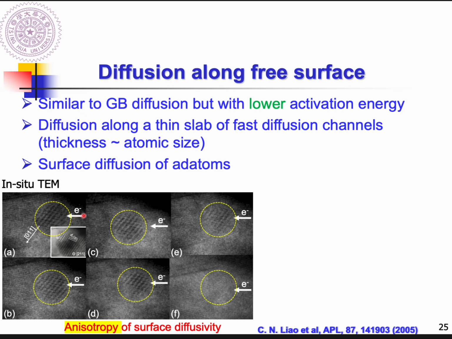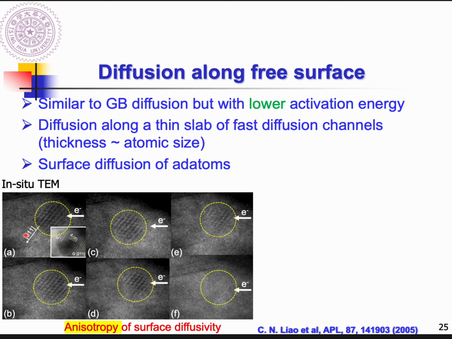When he increased the current density, as you know, when the current density is high enough, that will drive atomic migration. This white arrow points out the direction of electron flow due to the current applied on these materials.